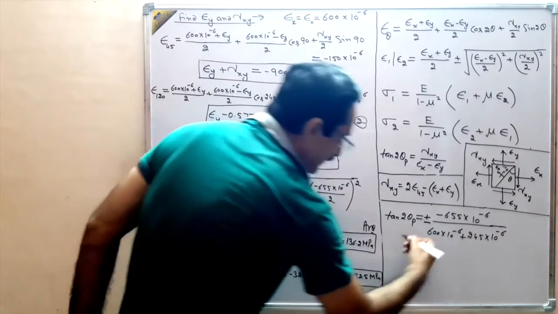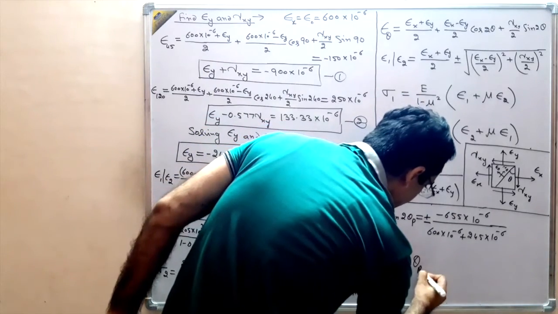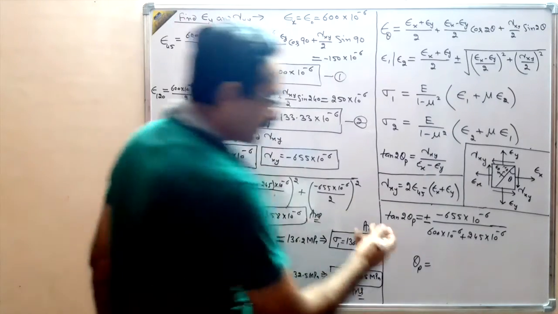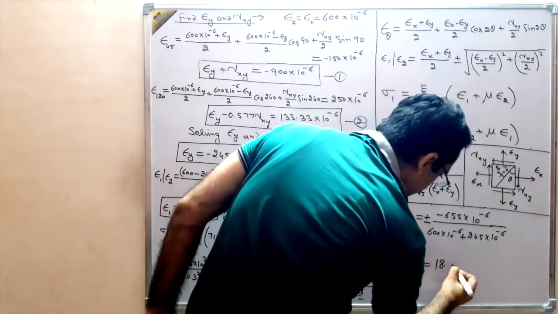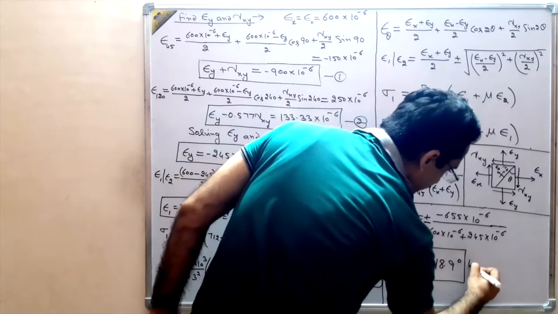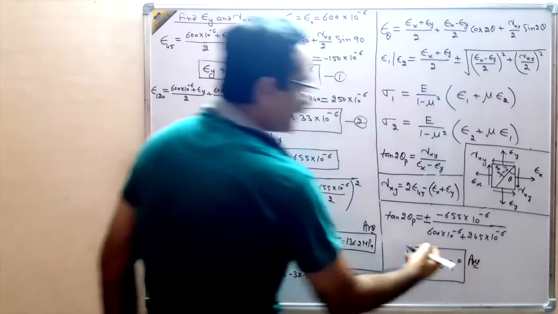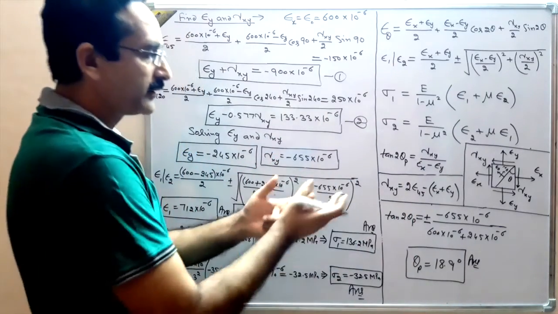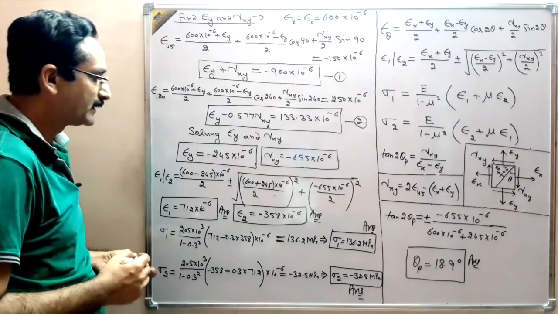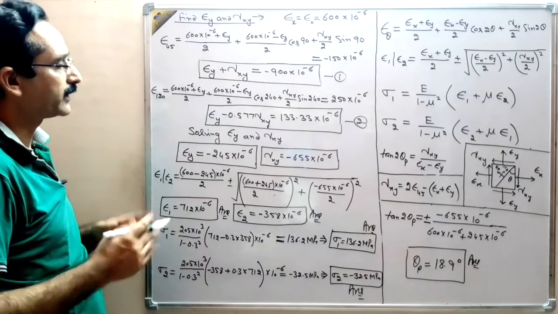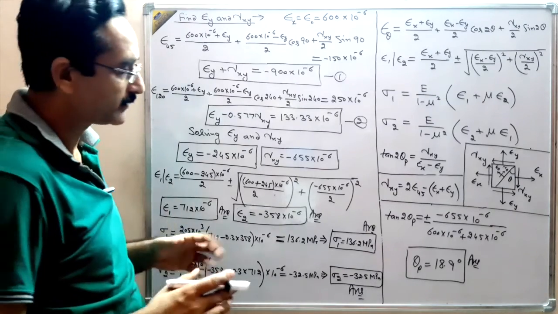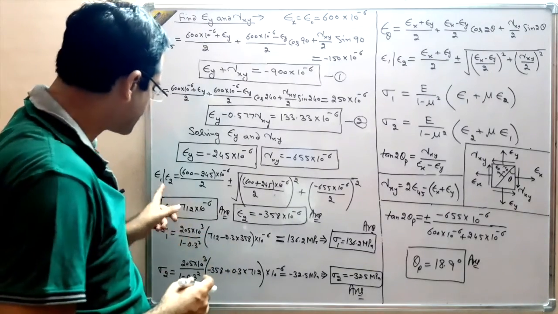So finally when you solve it, theta p, the plane of principal strain, is 18.9 degrees. This is one of the planes and the other will be 90 degrees to it, so you add 90 degrees and you get the other plane, right? This is the way we have found the principal stresses, the planes of principal strains, and also the principal strains, right?